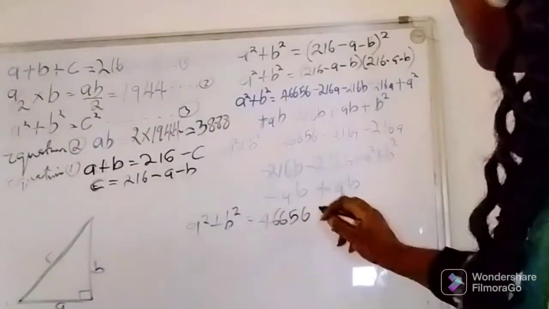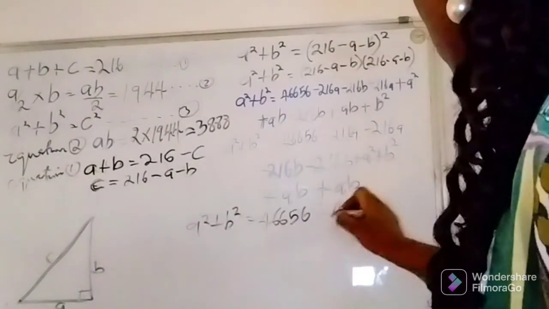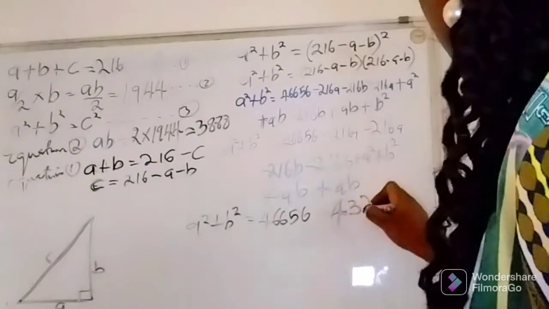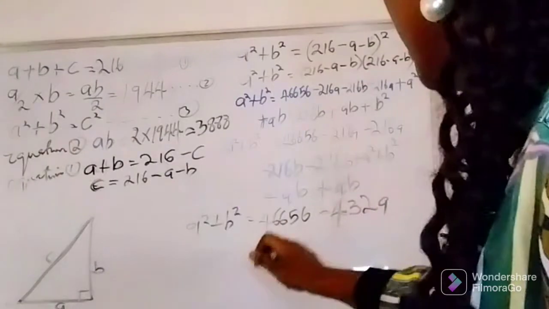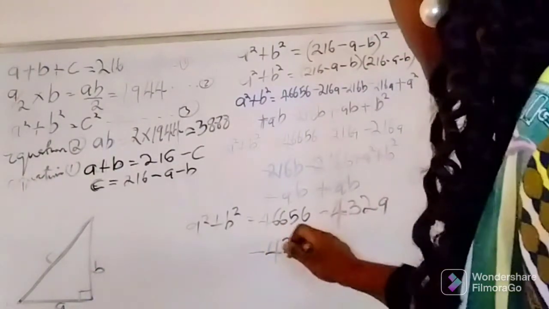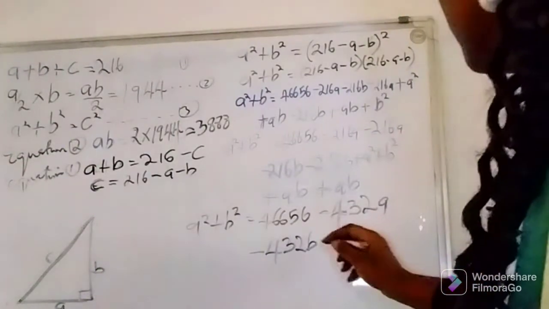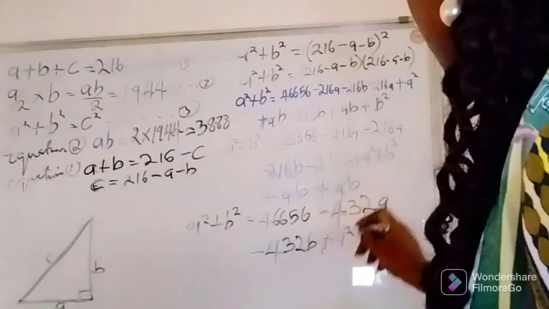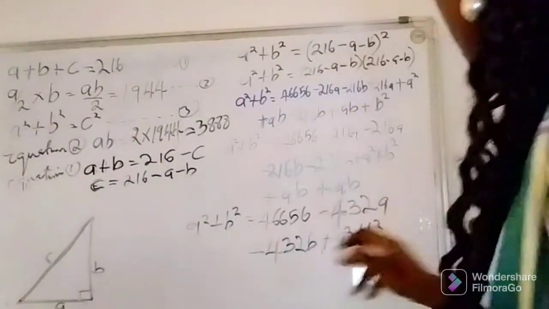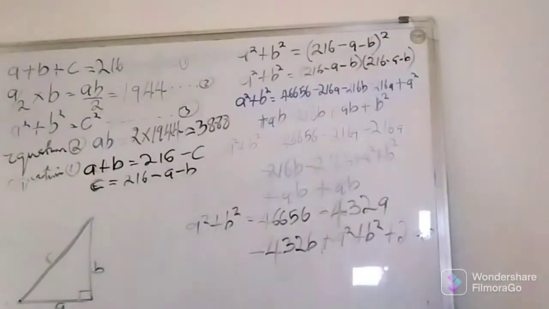So we'll have minus 432A. Same for B, minus 432B. Plus A squared plus B squared plus 2AB. Okay, so this is our equation.